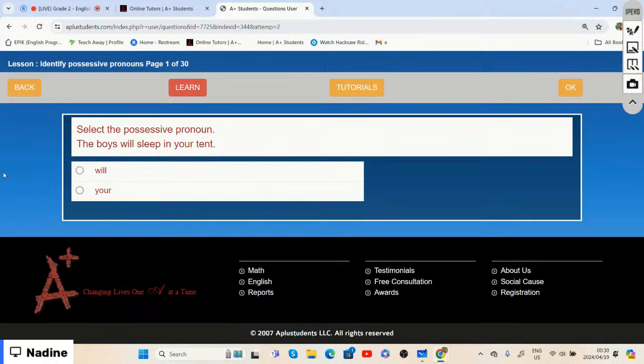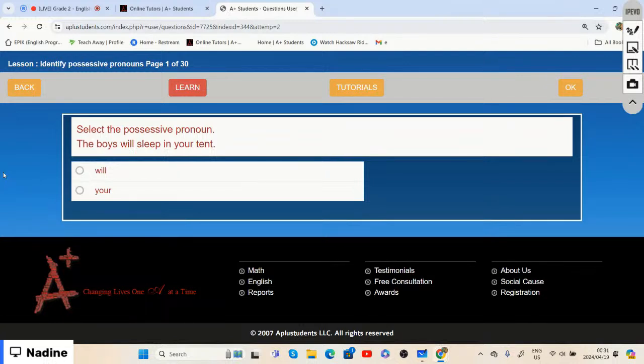Then they're saying it's either my tent or your tent or her tent, right? So those are the words like yours, mine, theirs, ours, his, hers.